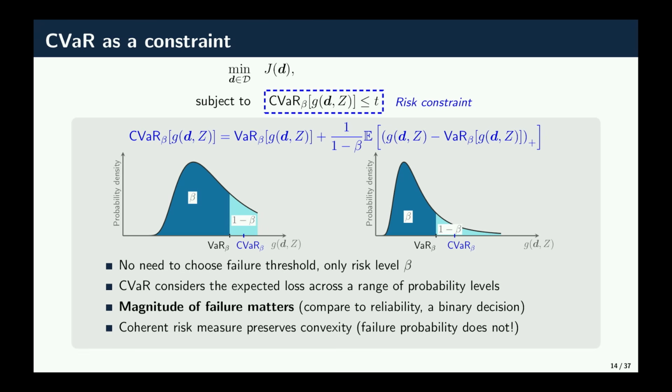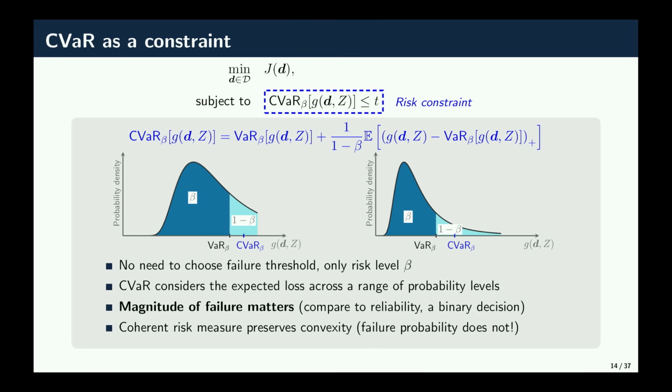From an engineering perspective, you don't necessarily need to choose a failure threshold anymore. Before, you had to design your limit state function that said, if I'm over a certain threshold, I'm going to be failed or I'm not going to be failed, like binary decisions. We don't have to make that decision anymore. All we say is, I want to minimize the 5% worst outcomes.